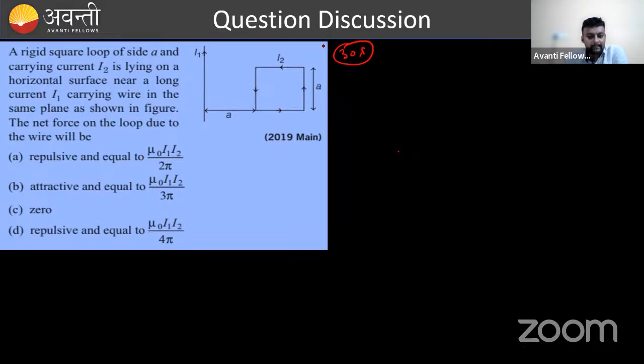Jalgaon is also there. Okay. Option A. JNV Changlang is saying option A. Okay, let's check.